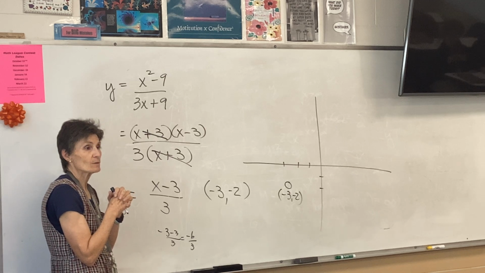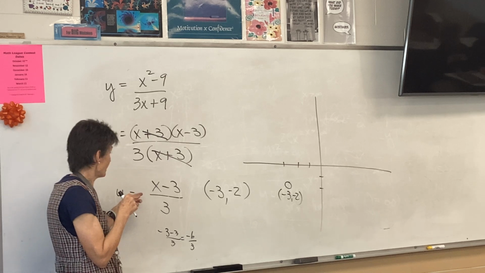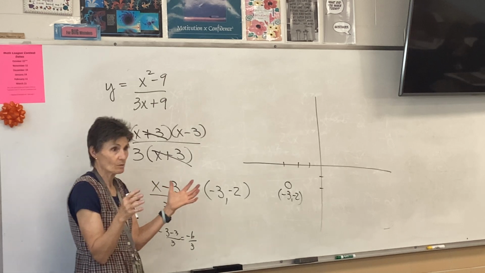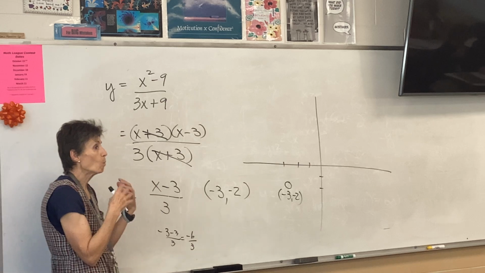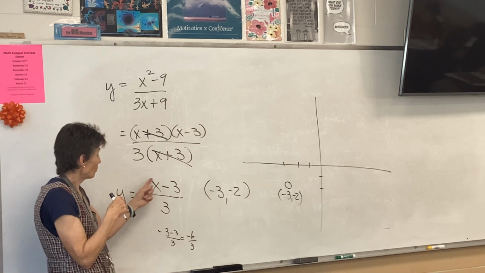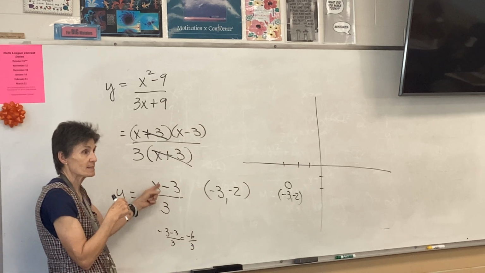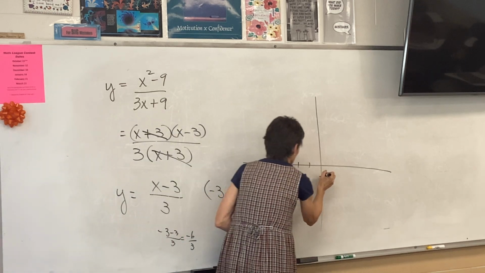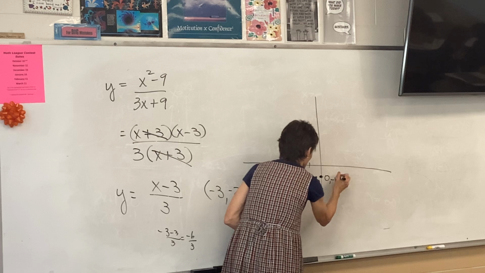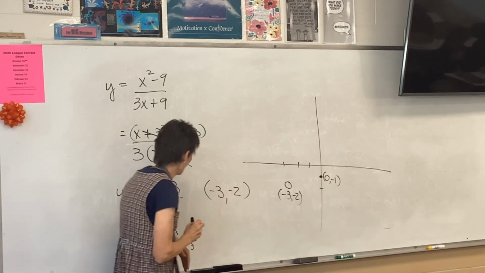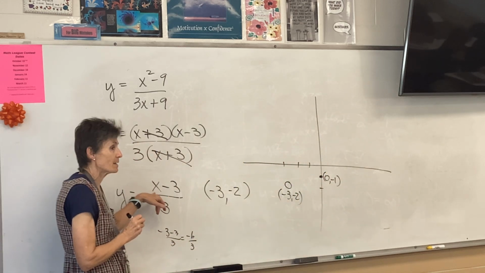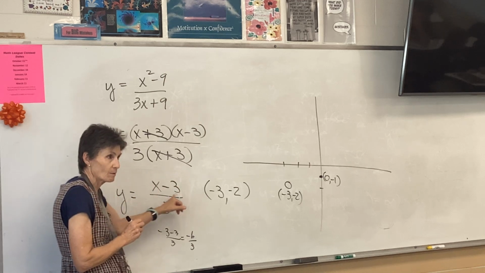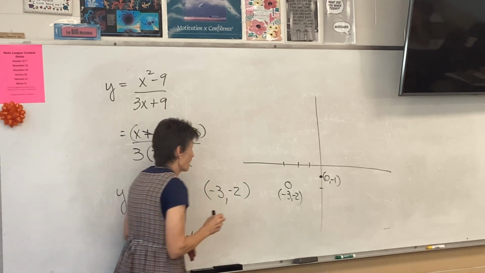None of those either, because there's no x in the bottom. So there are no asymptotes. How about a y-intercept? What happens if I let x be 0? I get -1. And what happens if I let my numerator equal 0? What would make this 0? 3.